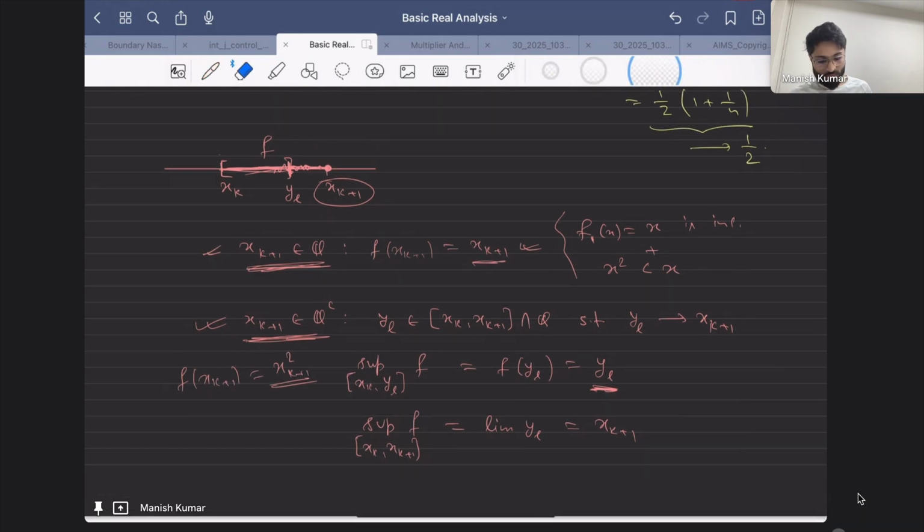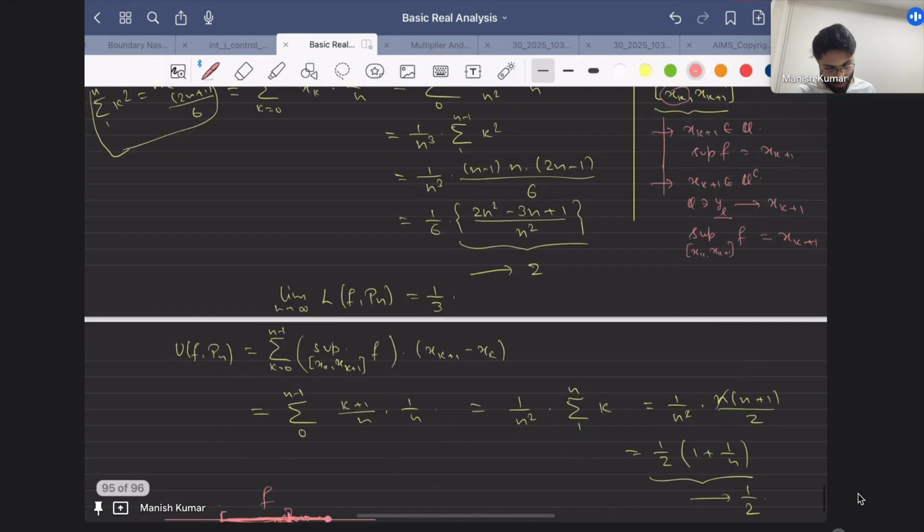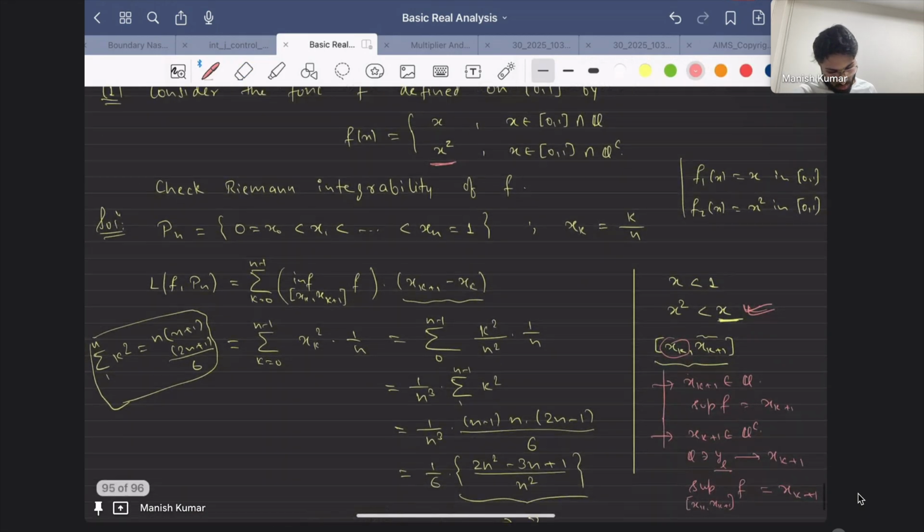Sir, but the points are rational. The xk plus 1's are all rational. No, the yl's are rationals. You have taken the partition as 2, 1 by 3, so all are rational. You are right, because the way we have constructed them they are always rational.